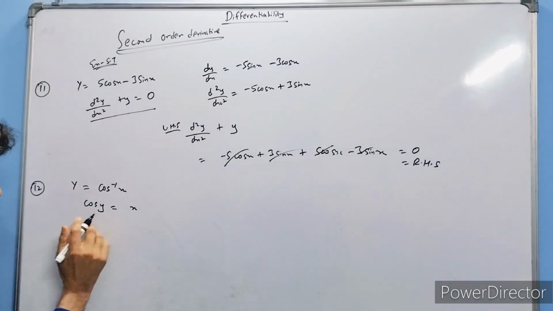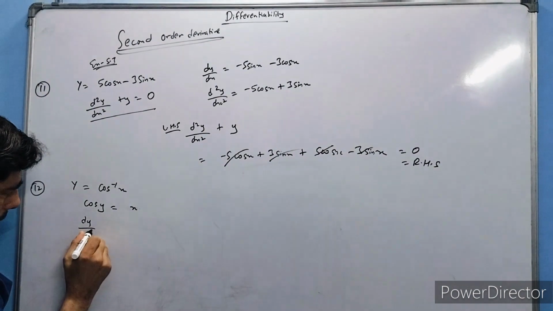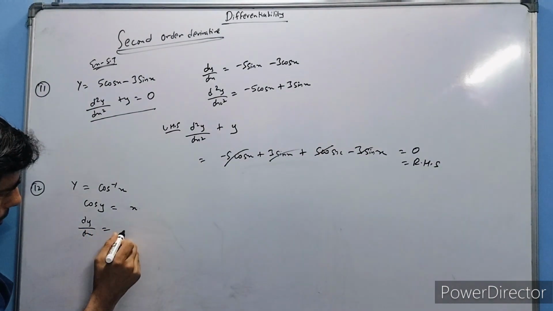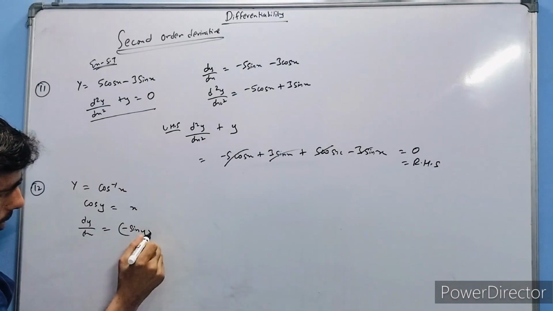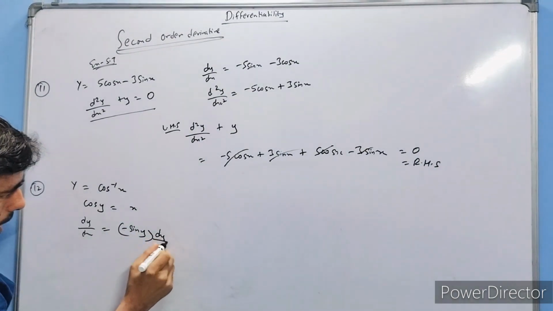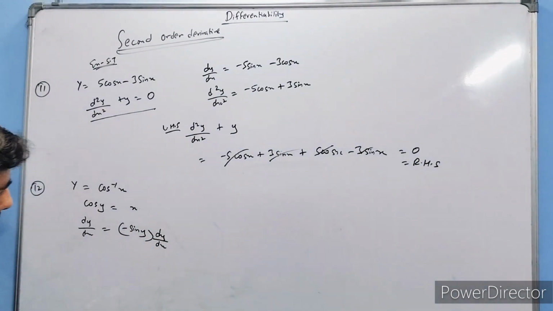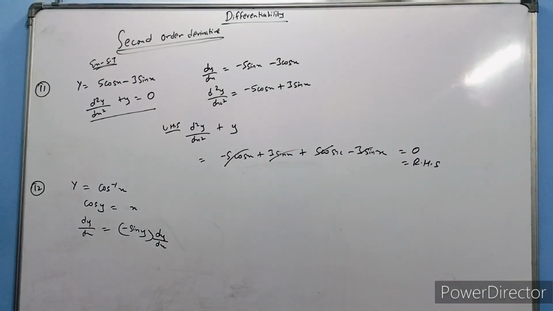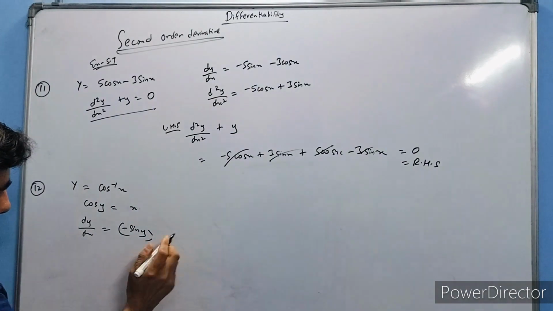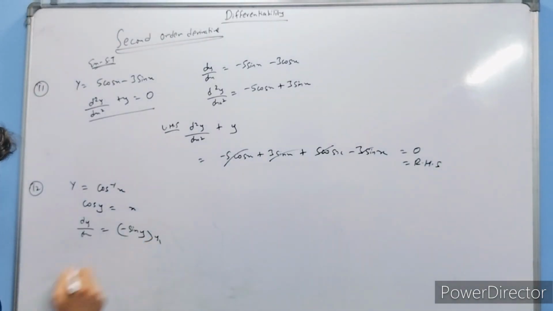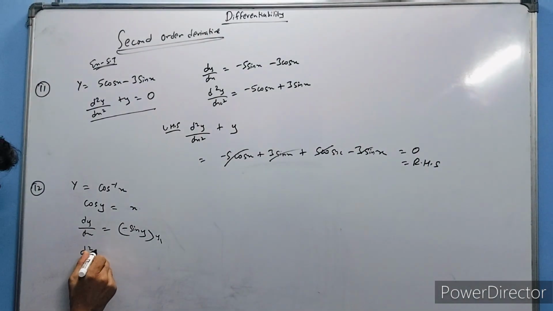Now differentiate this, so we get 1 is equal to minus sin y into dy upon dx. Okay, so again we need to differentiate this.